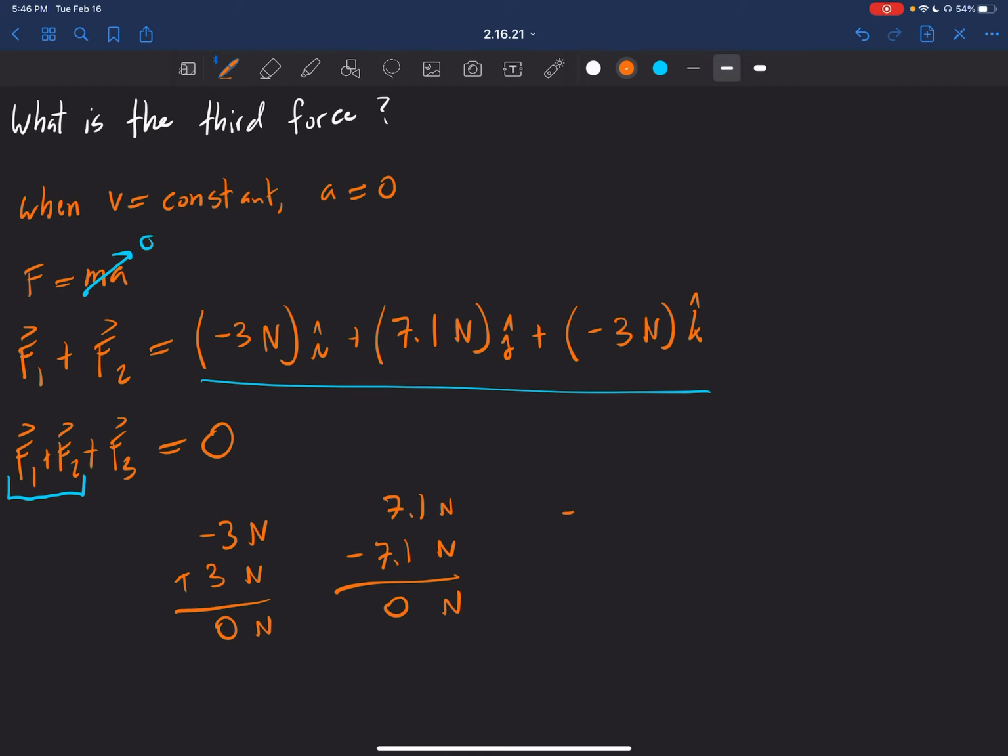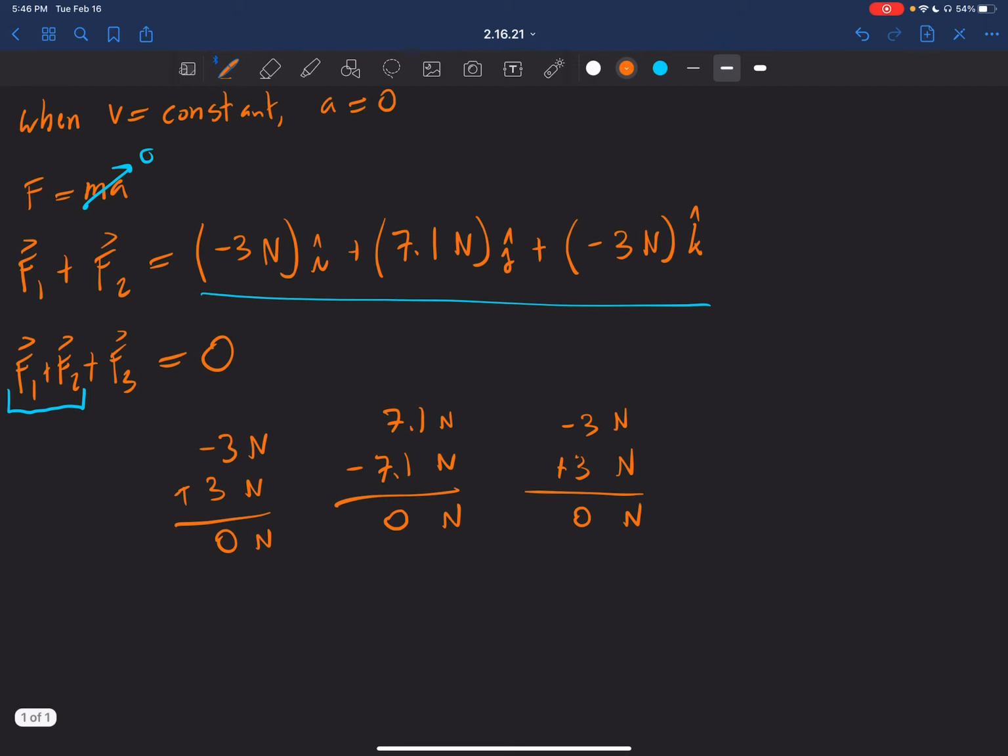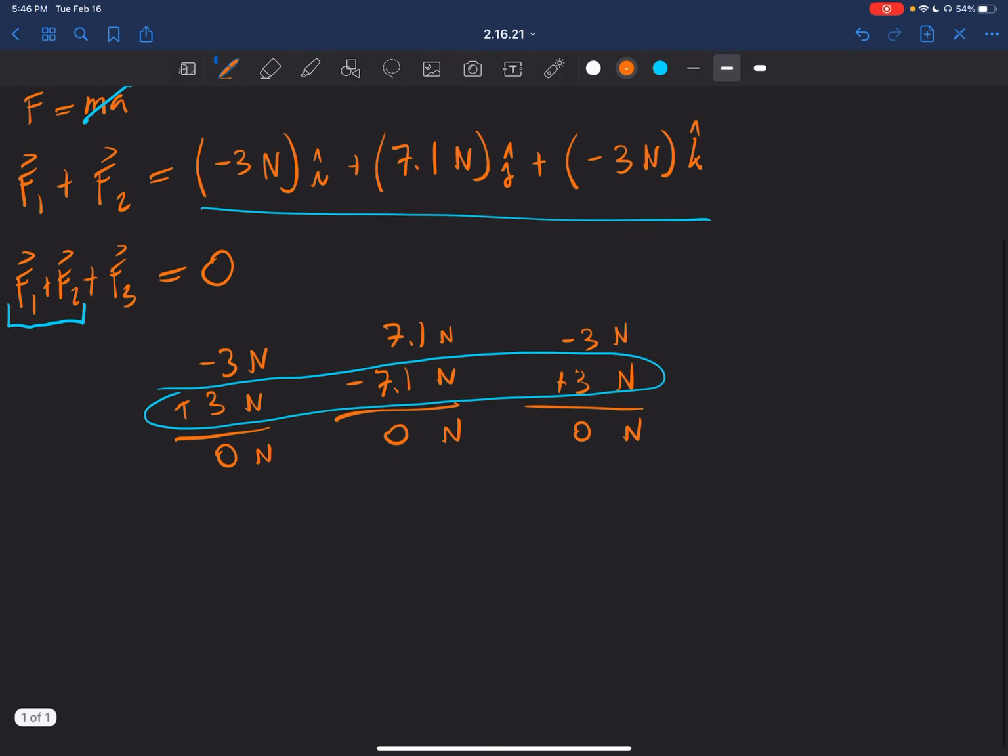And if I have negative 3 newtons over here, and I add 3 newtons, well, 0 newtons. So that means that these are the x, y, and z components of the third force.